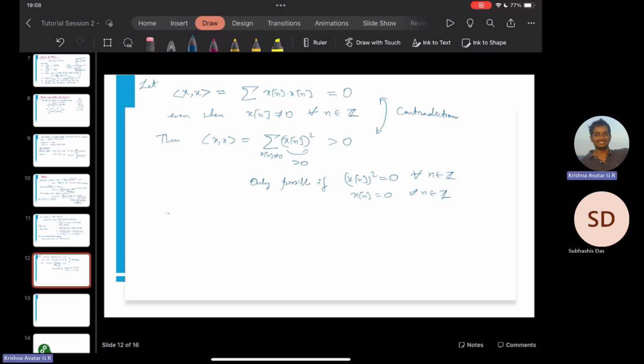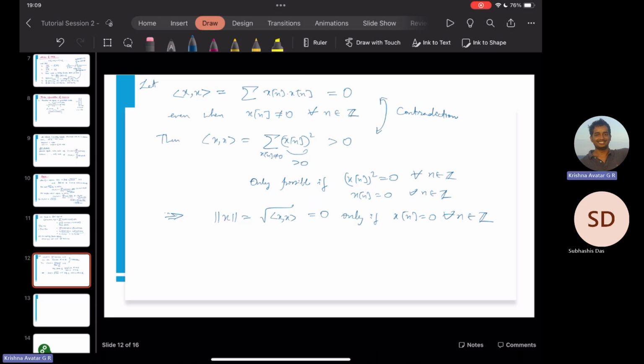And therefore, the norm of x was nothing but the square root of the dot product with itself. So whatever holds for inner product or dot product will hold for the norm also, which means that this is equal to 0 only if x[n] is equal to 0 for all n an element of the set of integers.